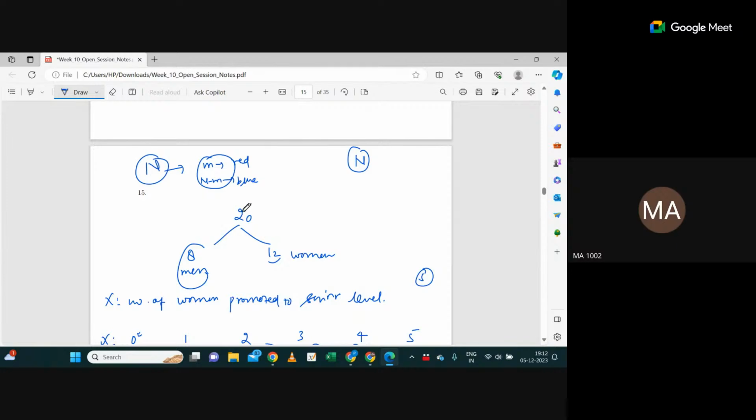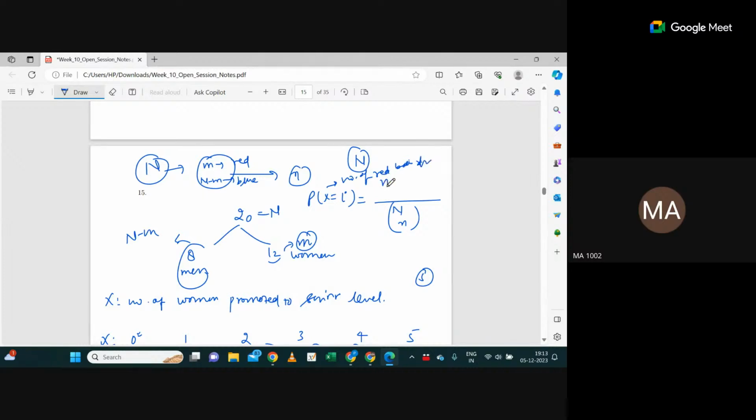Suppose you are going to draw n balls without replacement, and your x represents the number of red balls drawn.